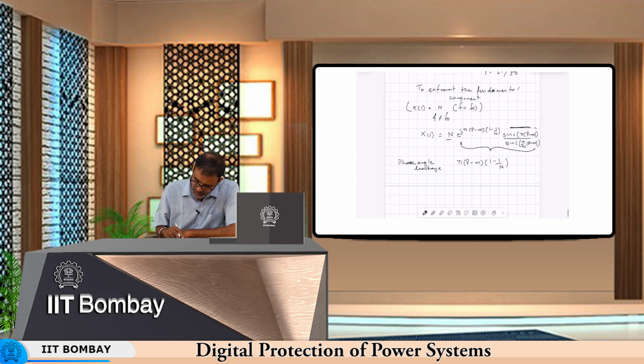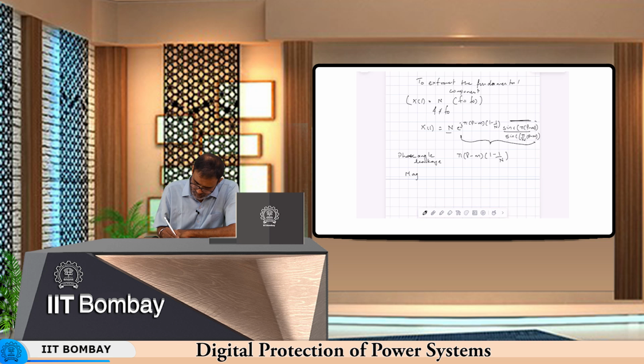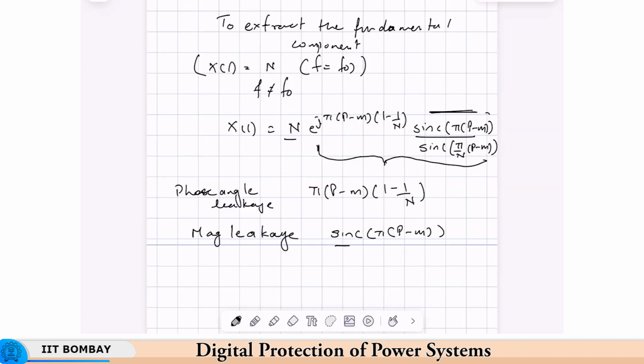The magnitude leakage is sinc of pi (p minus m) divided by sinc of pi by N (p minus m).